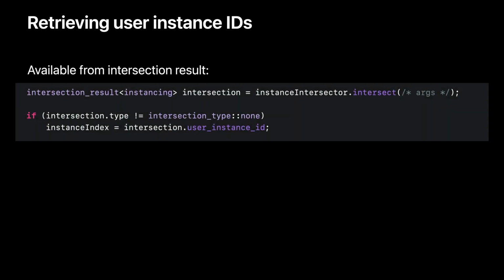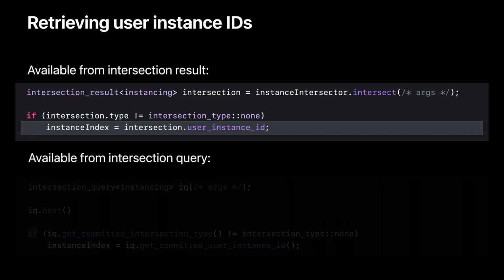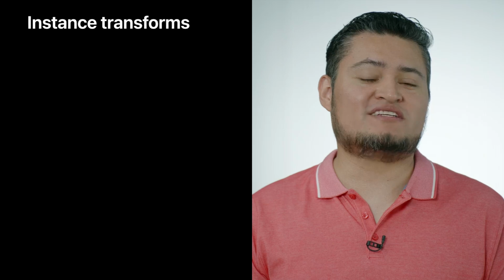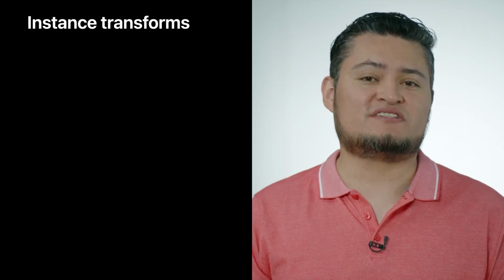To obtain the values after intersection, the user-defined instance ID is available from the intersection results when using an intersector object, and when using intersection query object, there is a corresponding query to access the user-defined instance ID for both candidate and committed intersections.